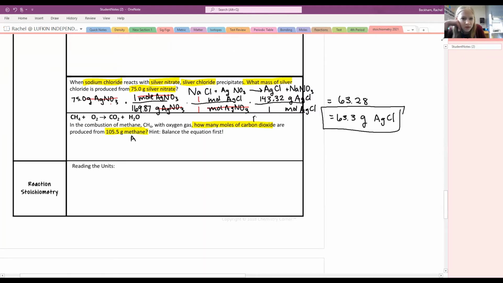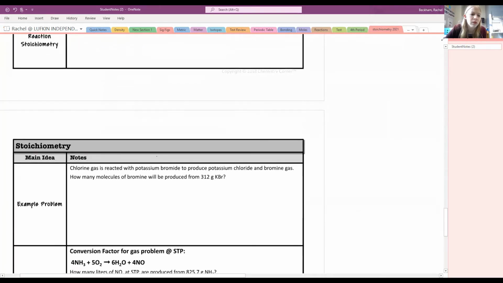And my B is carbon dioxide. And I'm trying to get to moles of B, not grams of B. So see, on the previous step, we had to get all the way over to grams. We can mark out this step for this next problem because it only wants moles. So you're going to use your mole map to get all the way from grams of methane to moles of carbon dioxide. Okay.